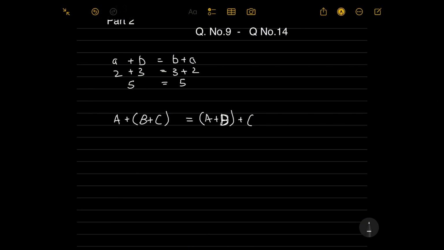If we suppose numbers, 1 plus 2 plus 3: 1 plus 2 is 3, and 3 plus 3 is 6, so 6 equals 6. This property is also quite simple and also applicable over matrices. I hope you understood it, and we are going to move on to the exercise now.